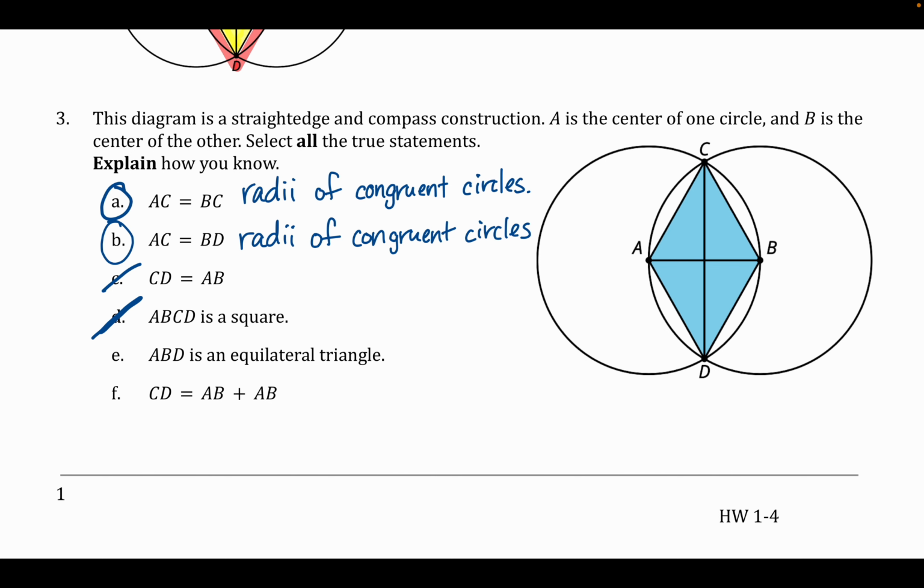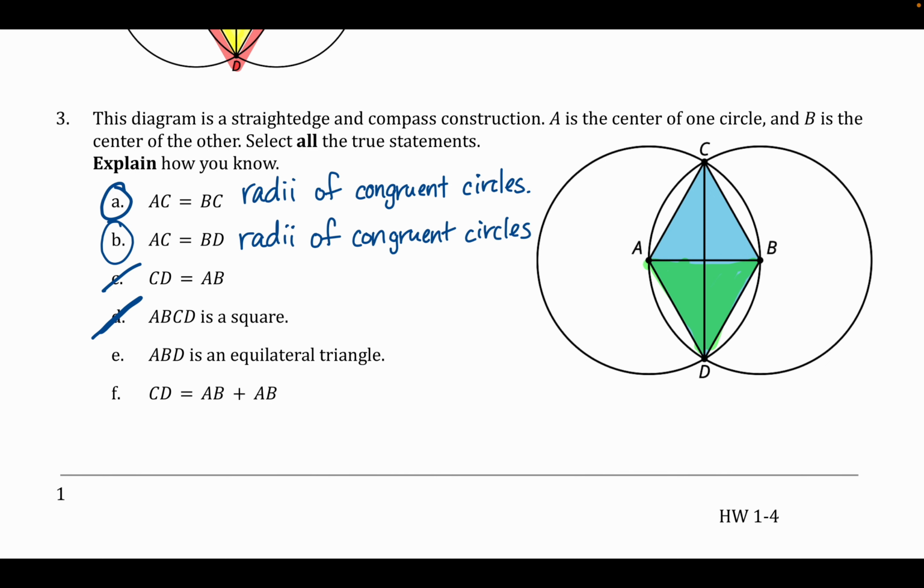Our next statement is E, that ABD is an equilateral triangle. So I'll use my highlighter tool to show which one they're talking about here. Maybe the green will show up. ABD. So they're saying that this shape right here at the bottom is an equilateral triangle. And this I agree to, because all of the outside lengths, or the sides of this triangle, are all radii.